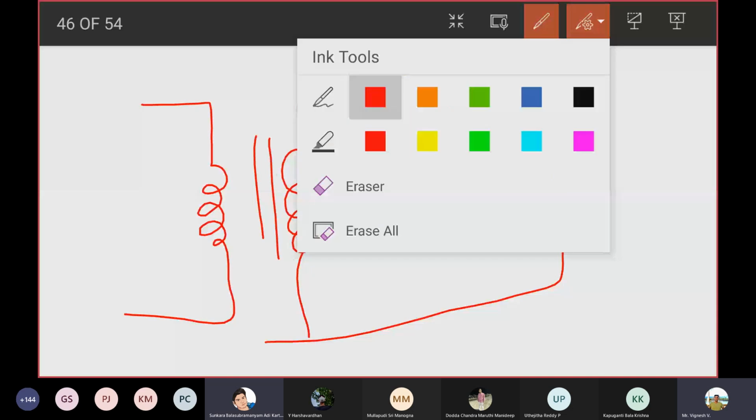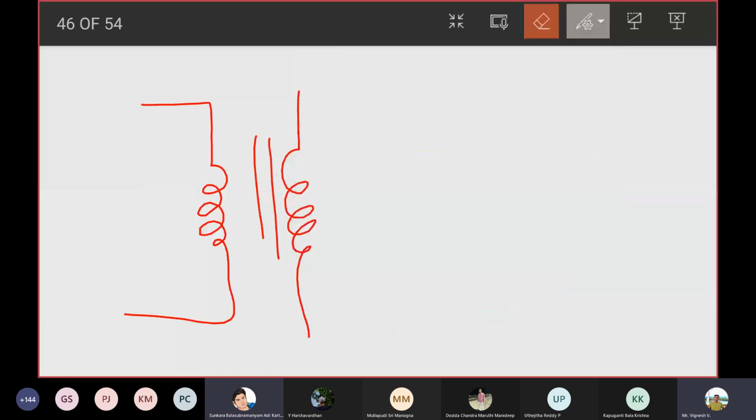I'm just defining what a transformer is, from the understanding you probably already have. I am not going to discuss the transformer now. So what I'm telling is, the transformer has its own turns ratio, right? The transformer is different, the rectifier is different. I hope you know the difference. Yes, sir.